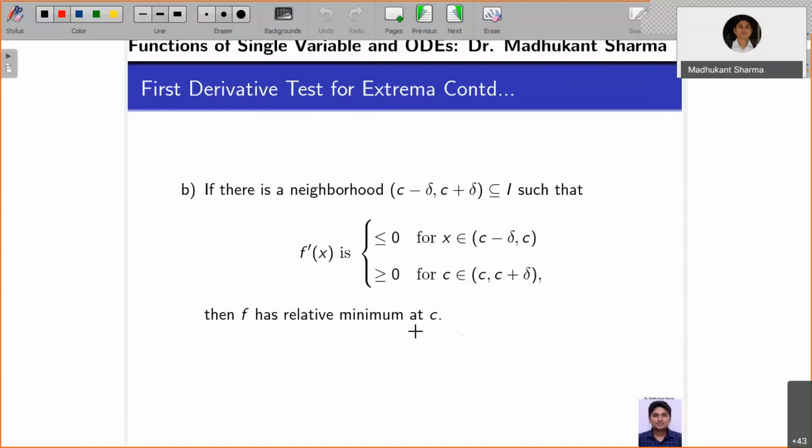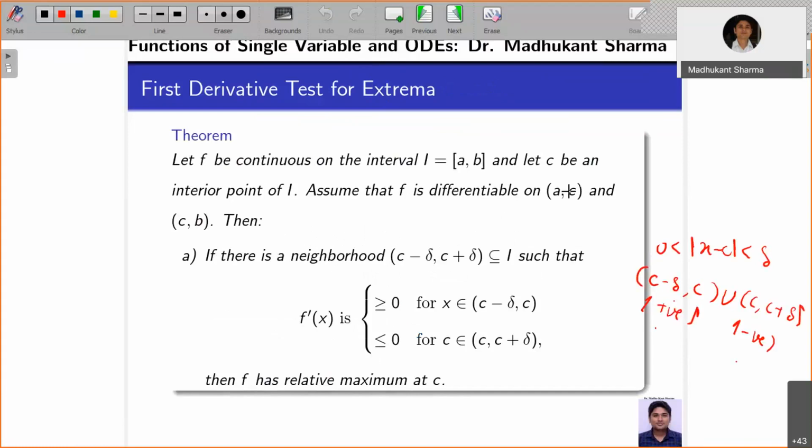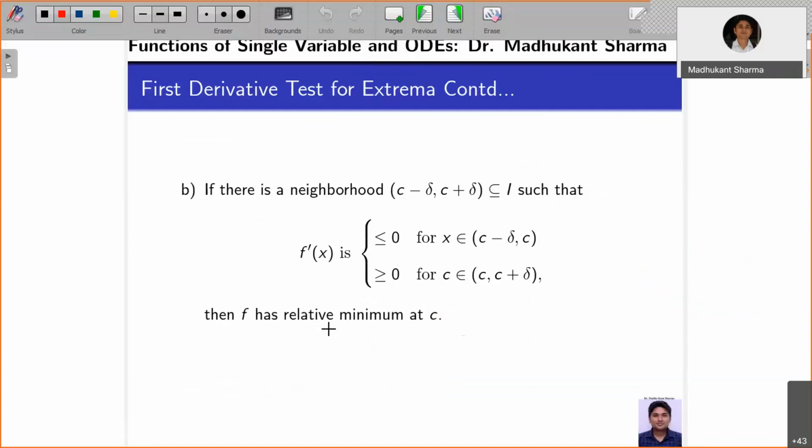We don't know whether f dash of c exists or not, but f is defined at c. So in this case you can show that f of x is less than f of c for all x, and here, for a relative minimum, you can show that f of c is less than f of x.